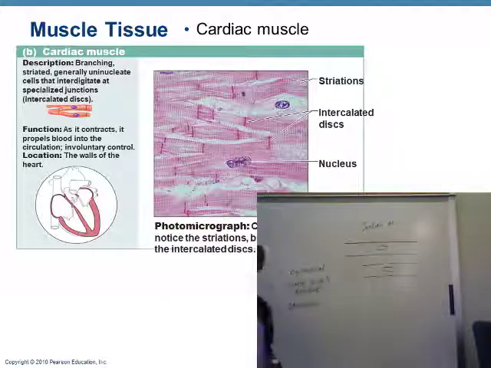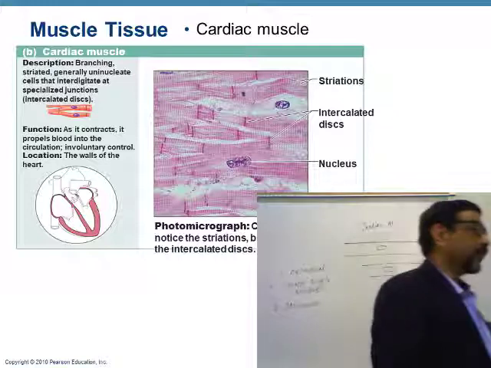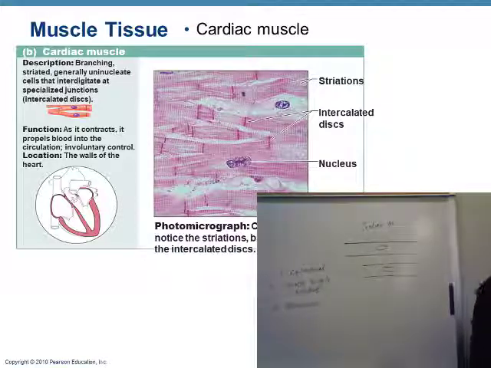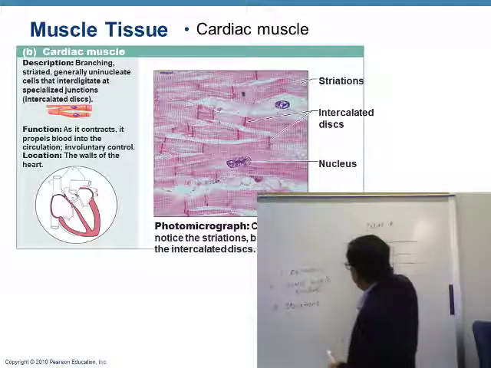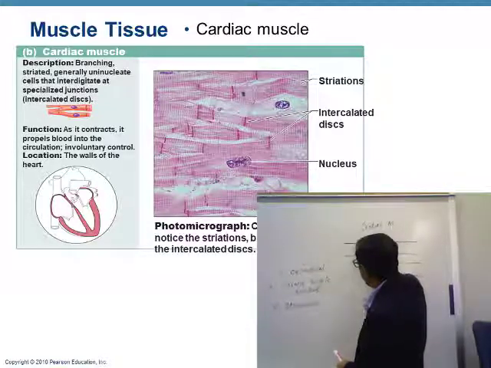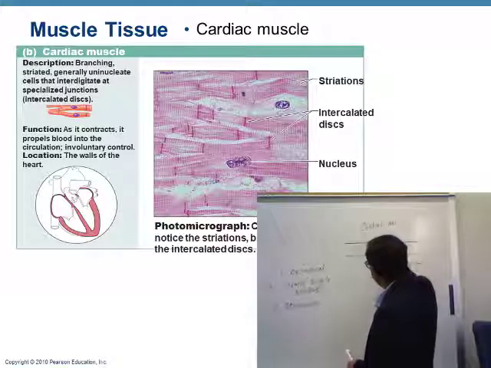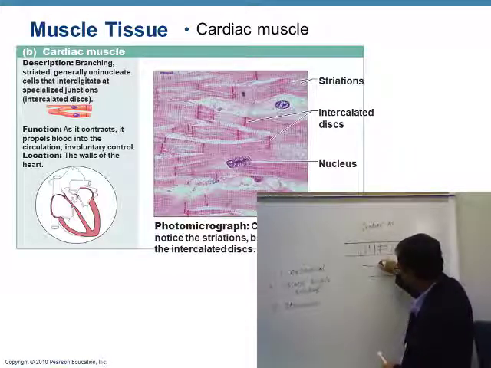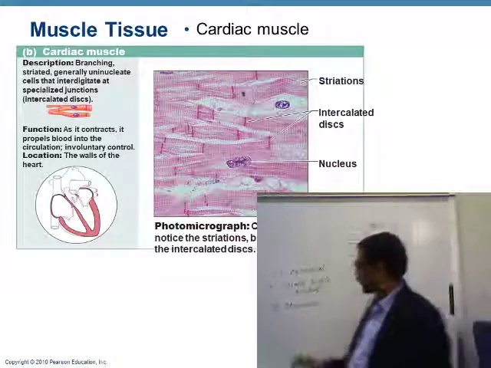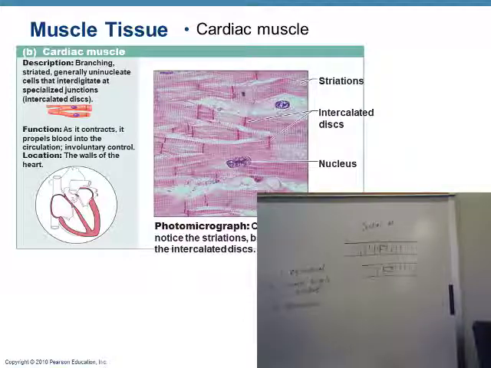Occasionally we see two, but not more than that. So usually single nucleus, but sometimes we see two. Number three, inside the cardiac muscle, you also have striations. These striations are not as clear as skeletal, but striations are present. Okay, so that is another histological property, striations.